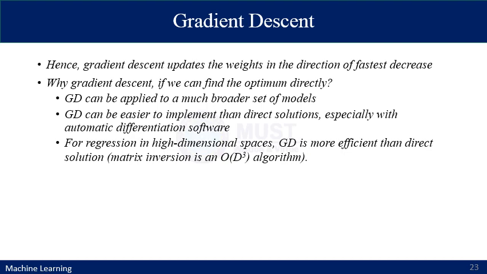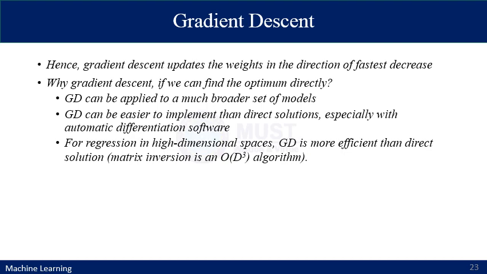So why would you use gradient descent if we can find the optimum solution directly using the first method? First of all, gradient descent is a much more sophisticated algorithm, and it can be applied to a much broader set of models. Gradient descent can also be easier to implement than a direct solution, especially with automatic differentiation software.